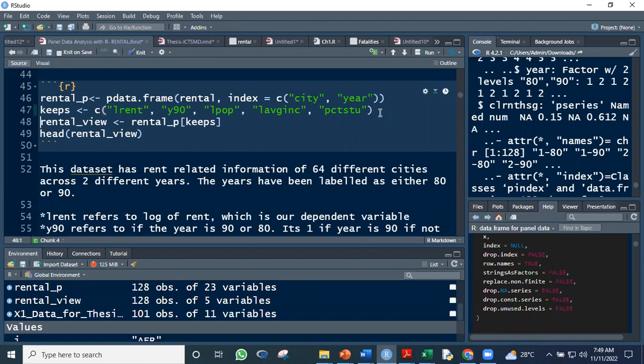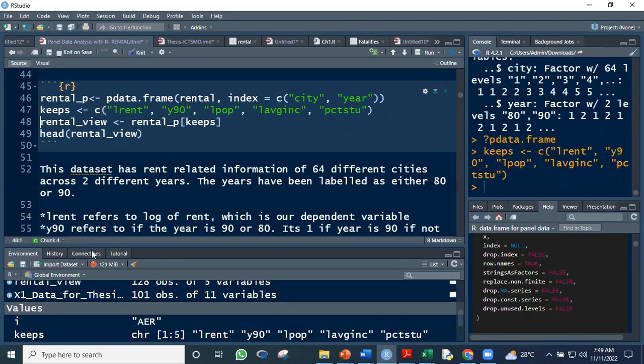Let me run that. And then we're creating this object rental view, which is rental P and then brackets KIPS, which means we're going to include KIPS.